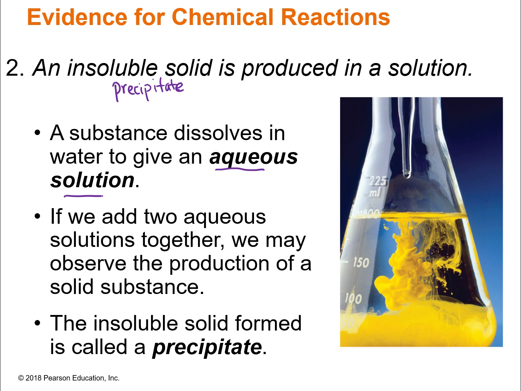You have those 2 substances in their own separate little beakers or flasks, and you pour one into the other, and then all of a sudden you've got a solid forming. Again, that solid is the precipitate, and it's evidence for a chemical reaction.